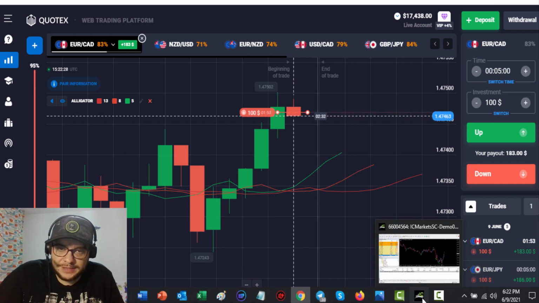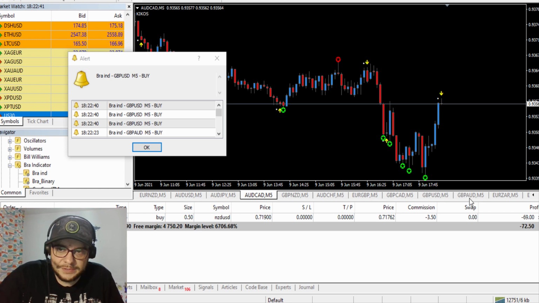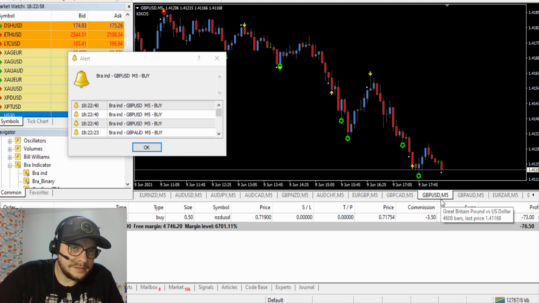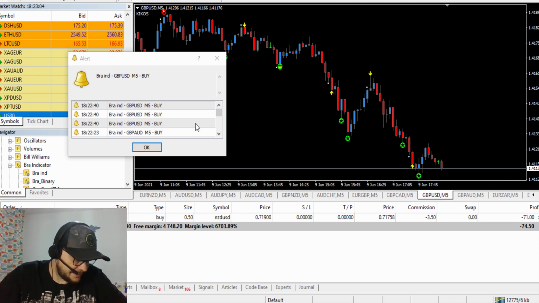And another one, another signal. Let's have a look at GBP Australian dollar. GBP, oh, no, it is not formed. And we have GBP USD, which is a buy.